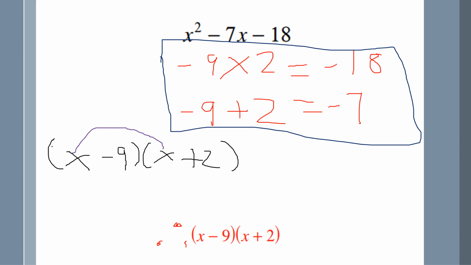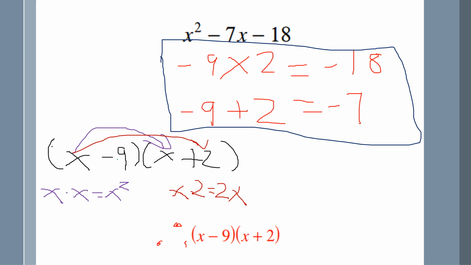So when you multiply here using your formula method, x times x, that's x squared, x times 2, sorry, equals 2x. Again, this is not something that you need to do.